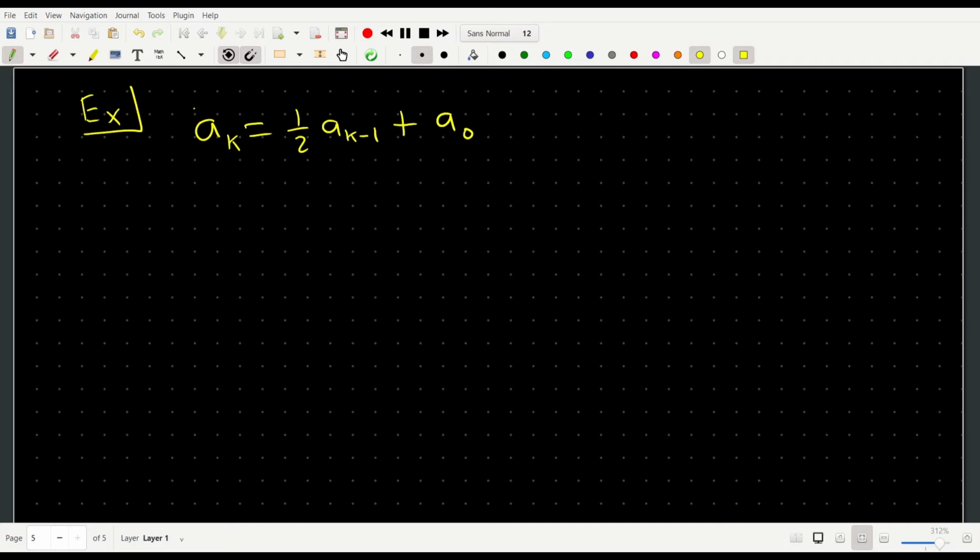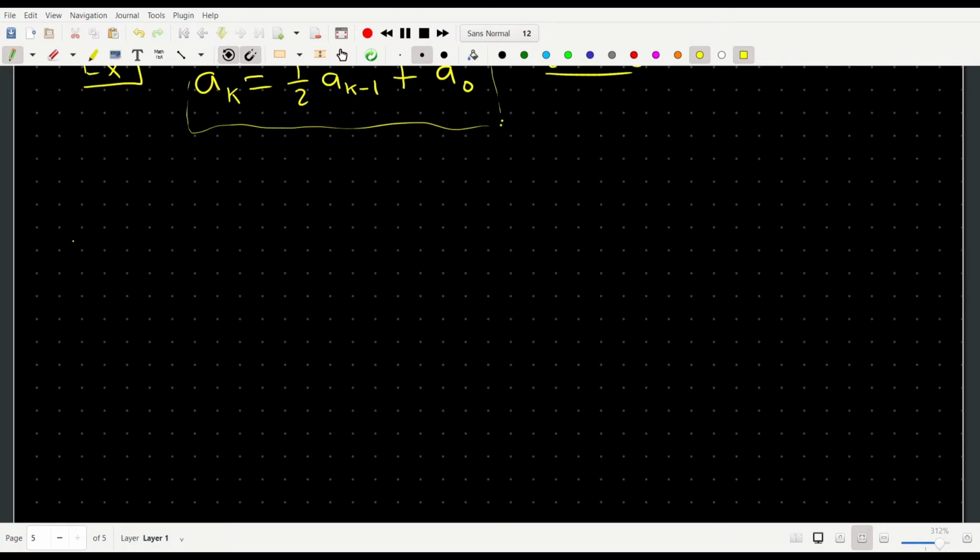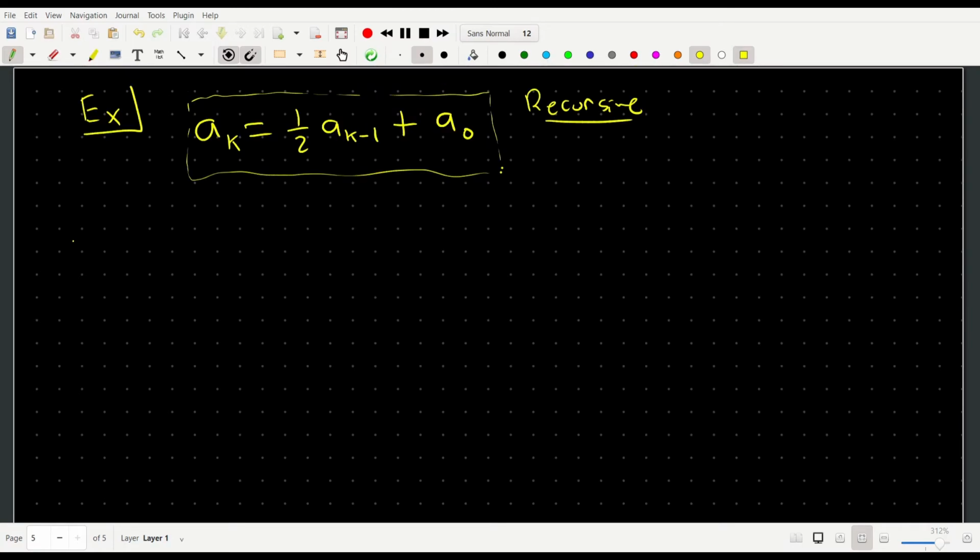And remember, this is the recursive form of this sequence. So in order to show how this sequence is actually related to series, infinite series, and specifically to infinite geometric series, what I want to do is go through here and figure out what the explicit form of this sequence is. This is going to be the key for us.